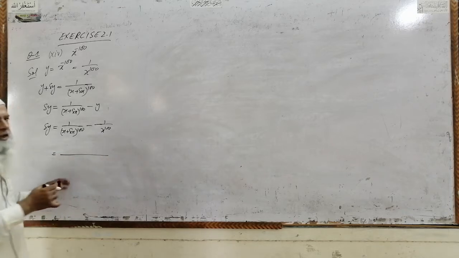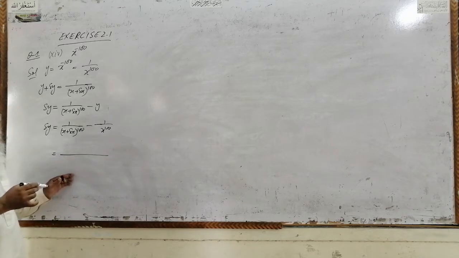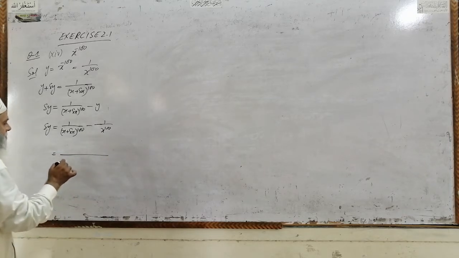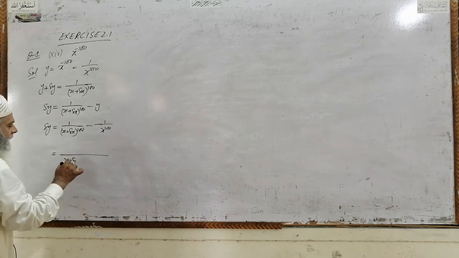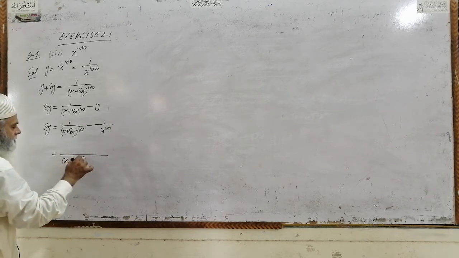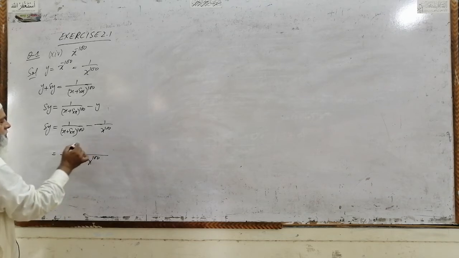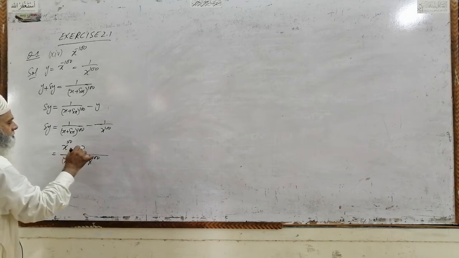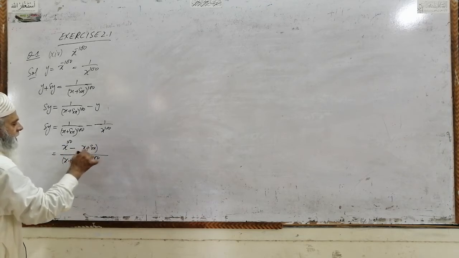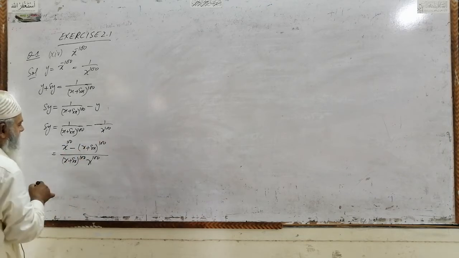Now before dividing both sides by delta x, just simplify it. Take the LCM. LCM of these two terms will become x plus delta x raised to power 100 into x raised to 100. Obviously this will become x raised to 100 minus x plus delta x raised to power 100.